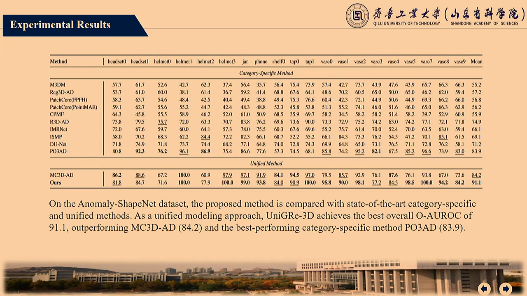This is significantly higher than the existing unified method, MC3D-AD, which achieves 84.2%, and also higher than the strong category-specific method, PO3AD, which achieves 83.9%.